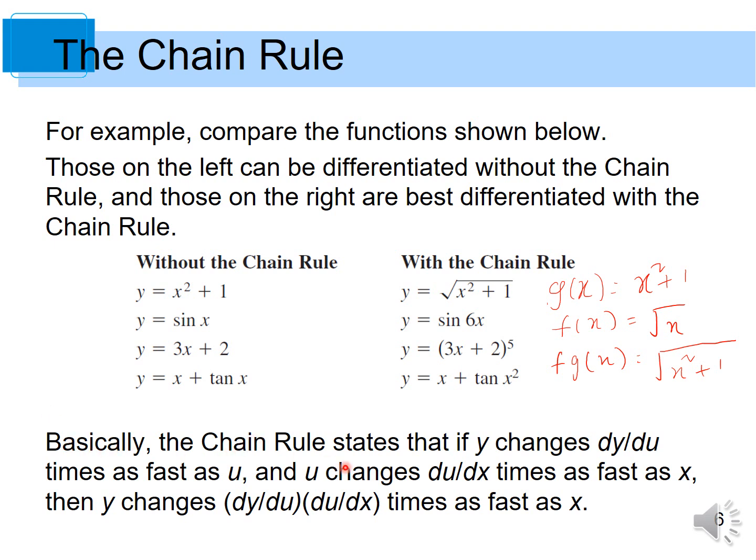Basically, the chain rule states that if y changes dy/du times as fast as u, and u changes du/dx times as fast as x, then y changes dy/du times du/dx times as fast as x.